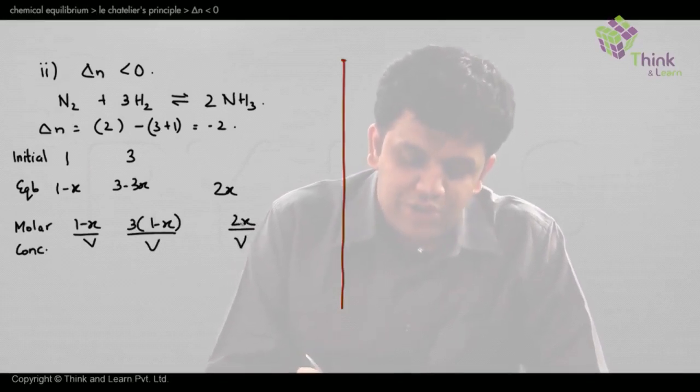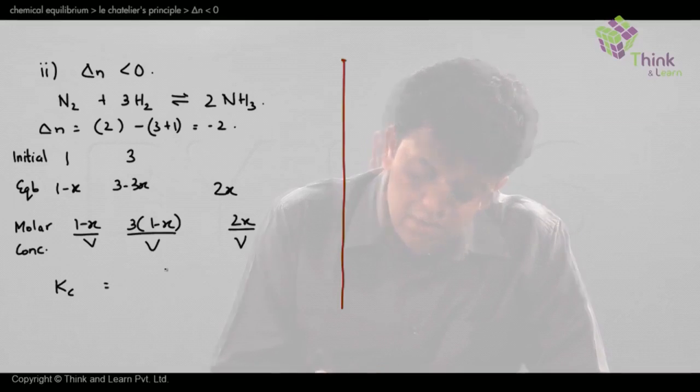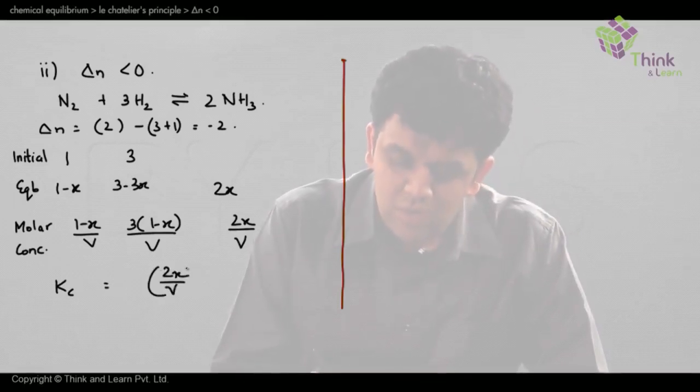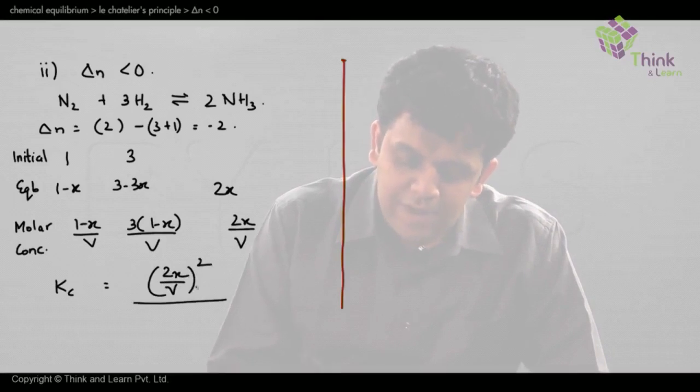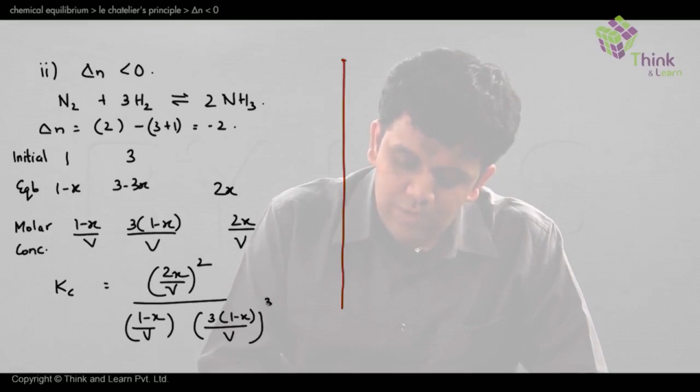Now, Kc is defined as molar concentration of ammonia the whole square divided by 1 minus x by V into 3 into 1 minus x by V the whole cube.